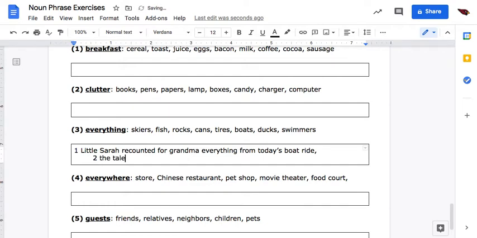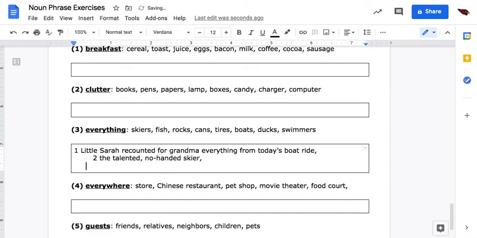The talented, no-handed skier. You ever see those guys? They just like surf in the wake behind the boat. It's pretty cool. The funny boat with the steering wheel on the second floor.